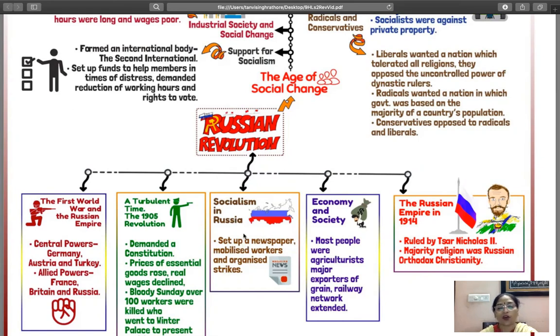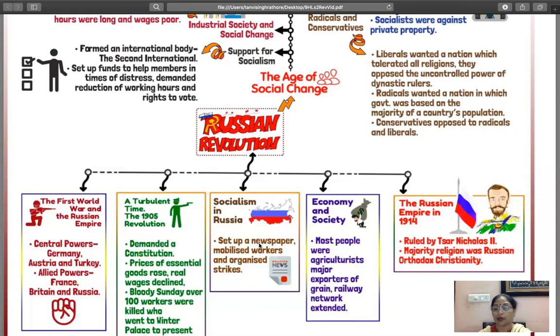They set up newspapers, mobilized the workers, and organized strikes. Because there was a monarchical form of government, the Tsar did not accept it, and these parties were not legal, so they worked from underground, but they did mobilize and support the people.